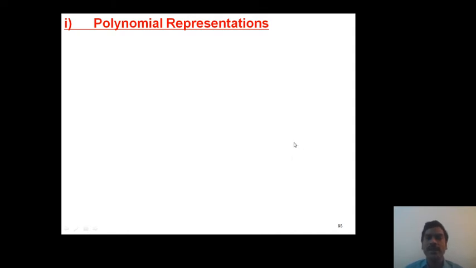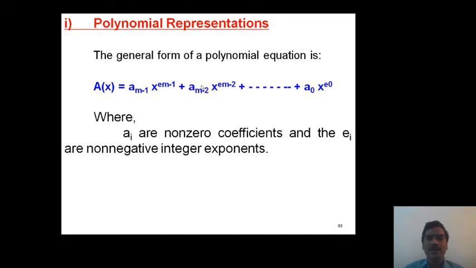Students, you are familiar with polynomial equations. So the general form of a polynomial equation is in this format: a of x equivalent to a m minus 1 x power e m minus 1 plus a m minus 2 x power e m minus 2 plus and so on plus a naught x power e naught.